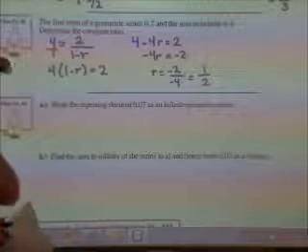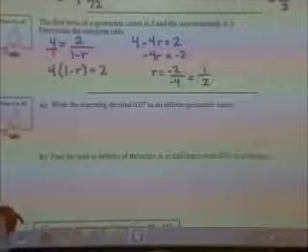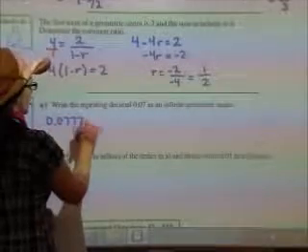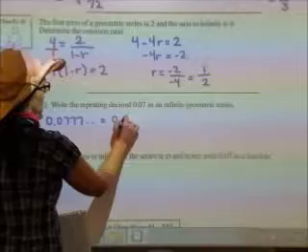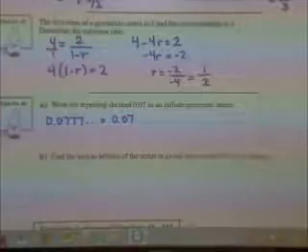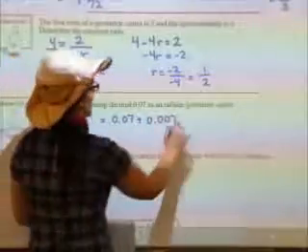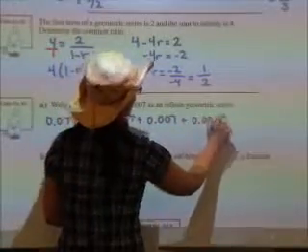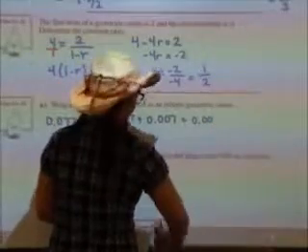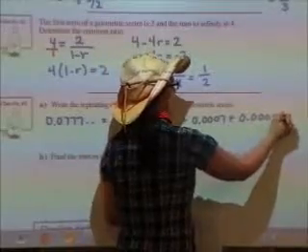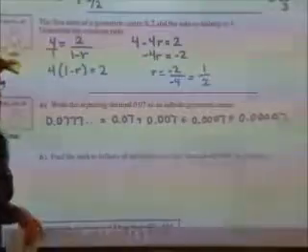And then the last question says, write the repeating decimal 0.07 as an infinite geometric series. So as an infinite geometric series, it would be 0.07 plus 0.007 plus 0.0007, et cetera, et cetera.